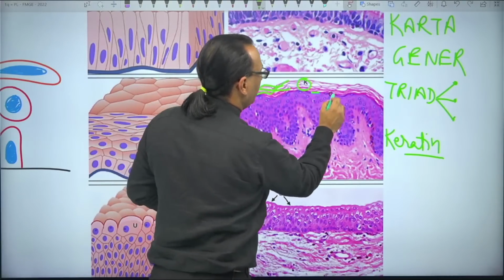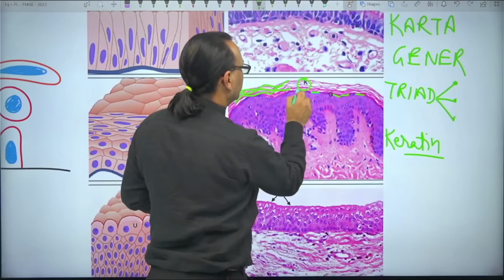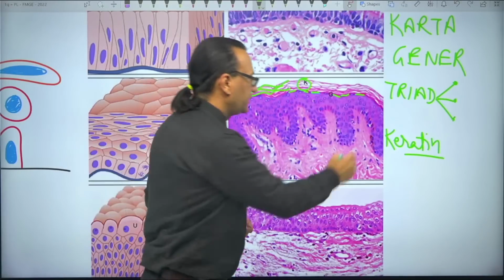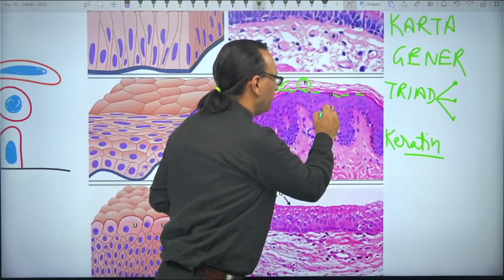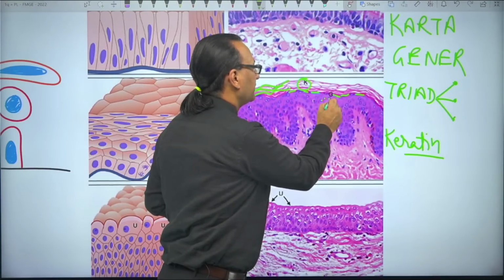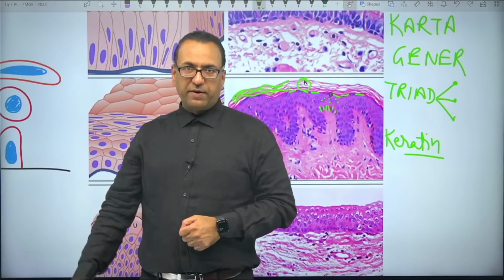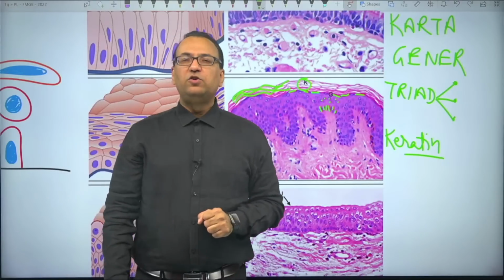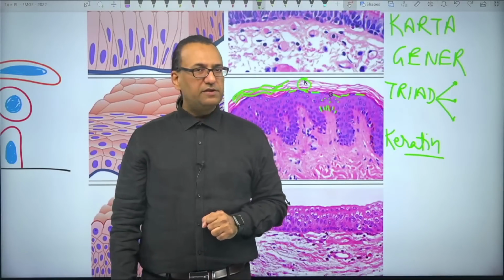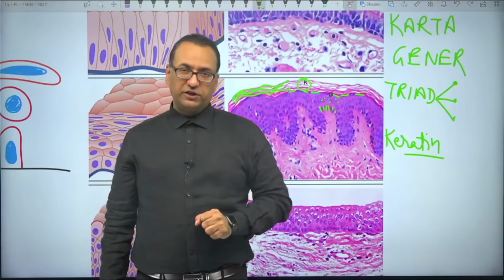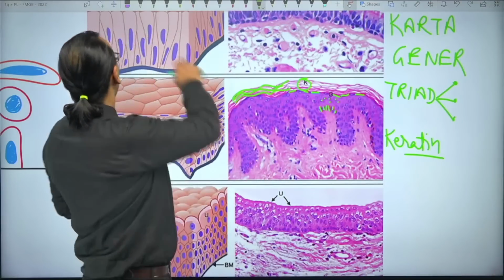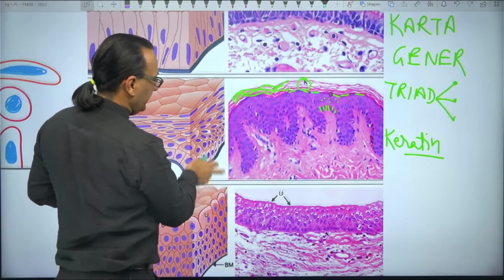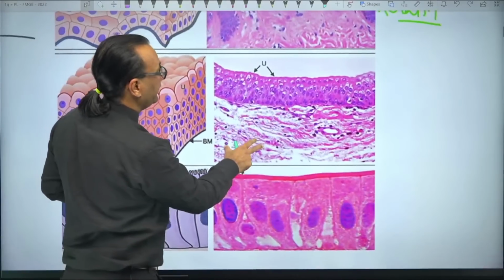The flat nuclei, you see, these are squamous cells. These are the columnar cells, basal, and these are the cuboidal cells in the middle. I hope I'm making my point clear. You'll be given diagrams and you have to identify which type of epithelium that is, which kind of surface projection that is. Now, as we move on, you see, what about this epithelium?